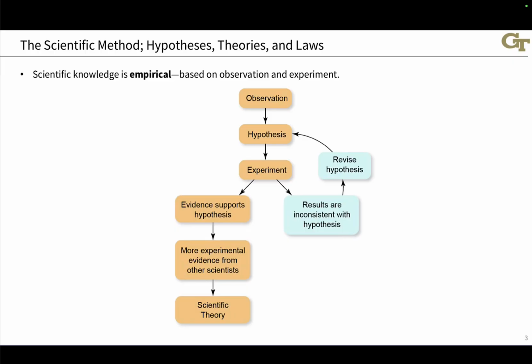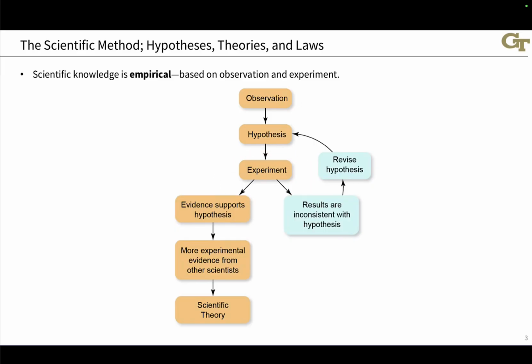We start with observation. We look at stuff. From looking at stuff, we develop a hypothesis, an idea about why the observations are the way they are. To test that hypothesis, we develop and carry out an experiment.